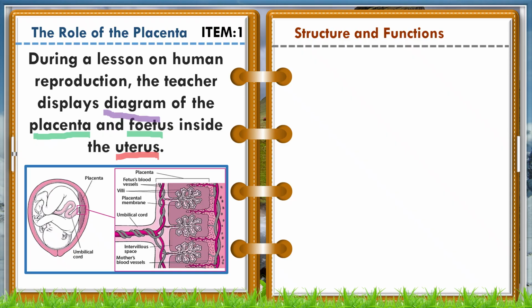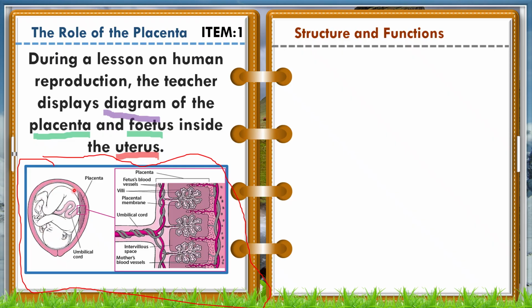This is our diagram, the whole of it, which has been displayed, and here we have the placenta enlarged. The placenta is this part here. That is the placenta, and we have the fetus inside the uterus.